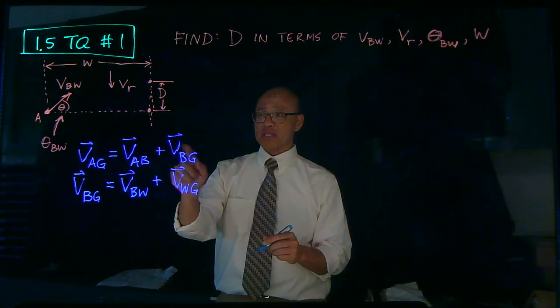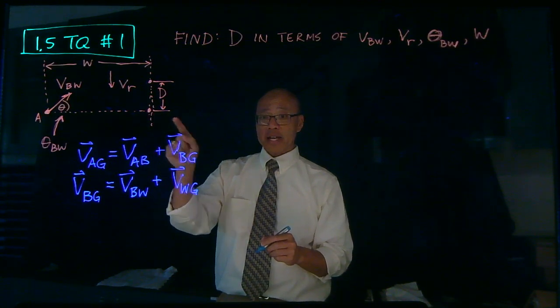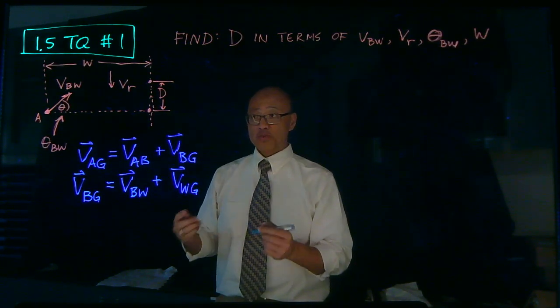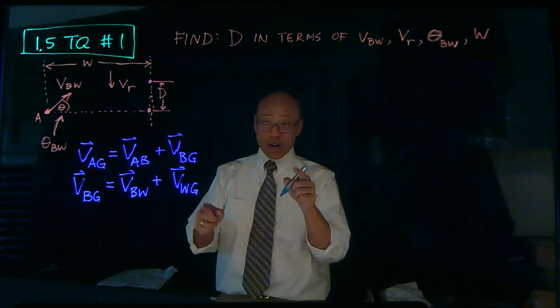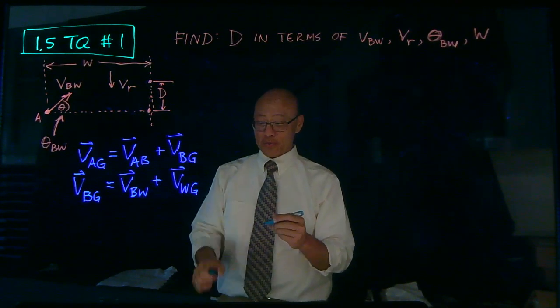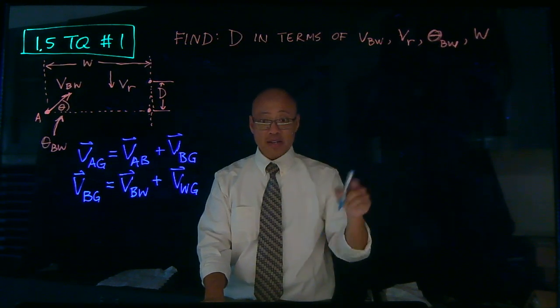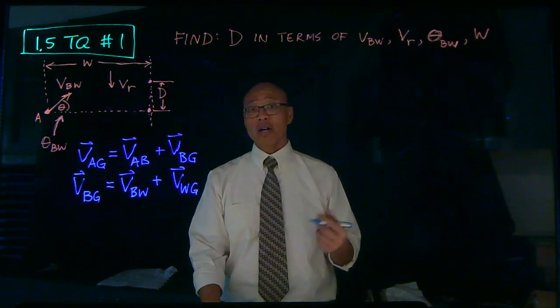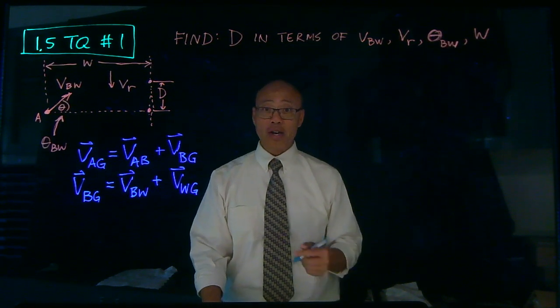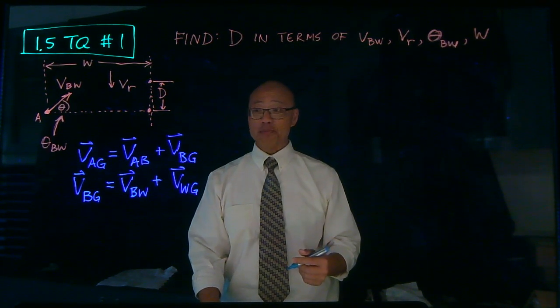Well, if that's in my system, what could it be? It has to be the velocity of the river. Because what's a river? It's water moving, and if I see water flowing at 10 miles per hour east, well, 10 miles per hour relative to what? It's got to be the shore, an observer standing on the shore who's not moving.